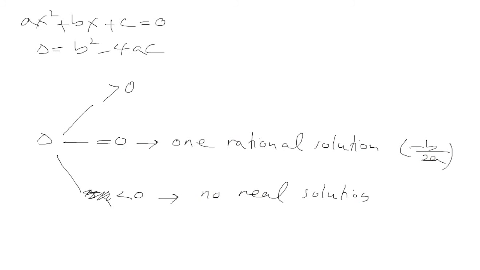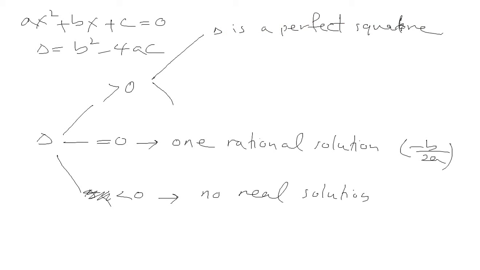But if delta is positive, then again two things can happen. Your delta can be a perfect square. What is a perfect square?